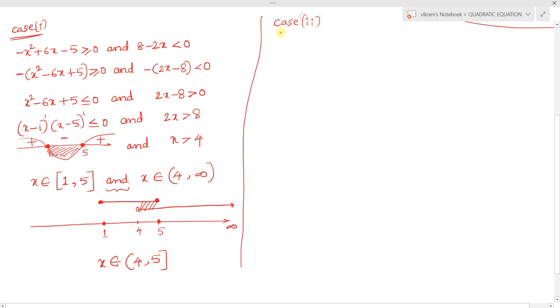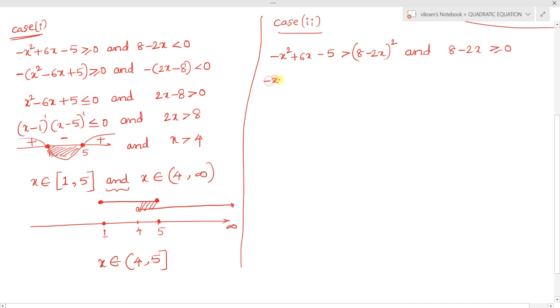What is case 2? Now squaring on both sides. If we square both sides, what will we obtain? Minus x squared plus 6x minus 5 is greater than (8 minus 2x) whole square, and the square of 8 minus 2x is always greater than or equals to 0. Okay, right. Now simplify this.